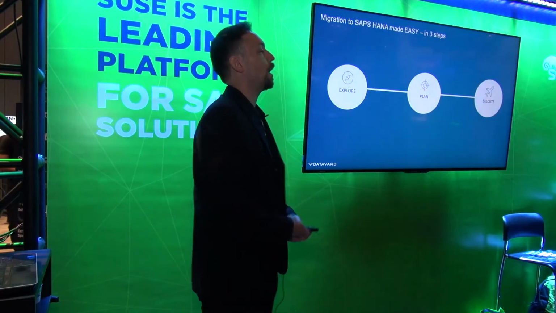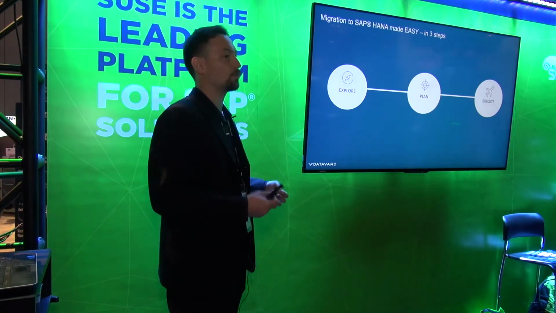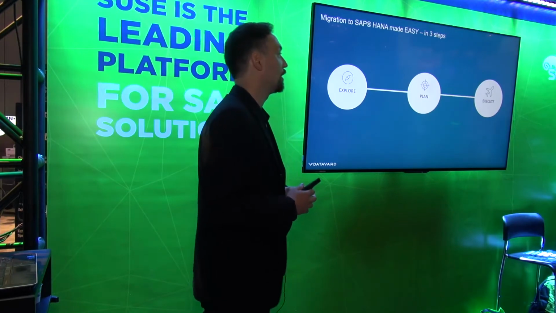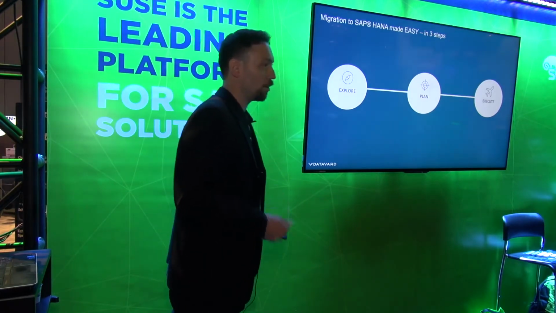So basically, our road to HANA runs in three main steps. So we explore the situation as is, so the current system or systems. Then, based on the results, we basically sit together with the customer and plan the best way how to do it in terms of downtime minimization, in terms of TCO reduction, in terms of return of investment optimization.